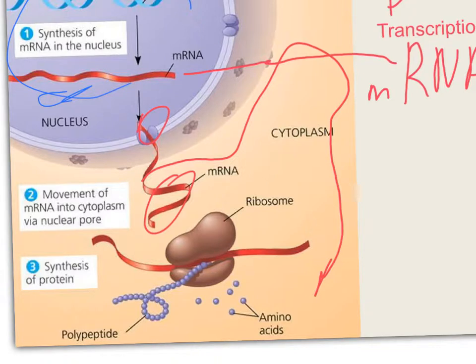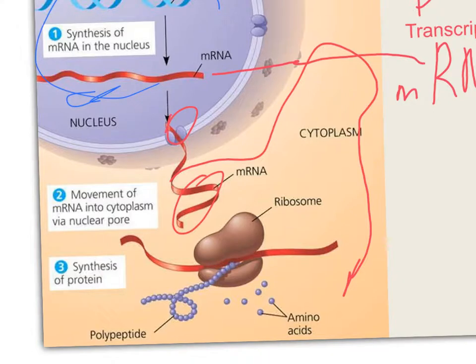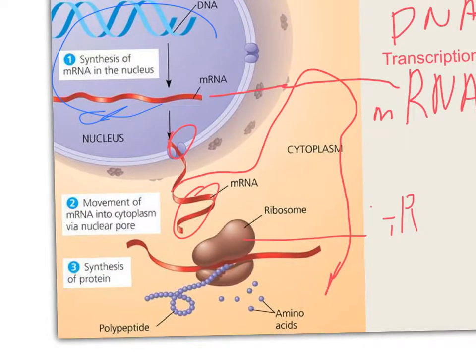Okay, and then we go in the ribosome. This is tRNA, and then this goes to protein.